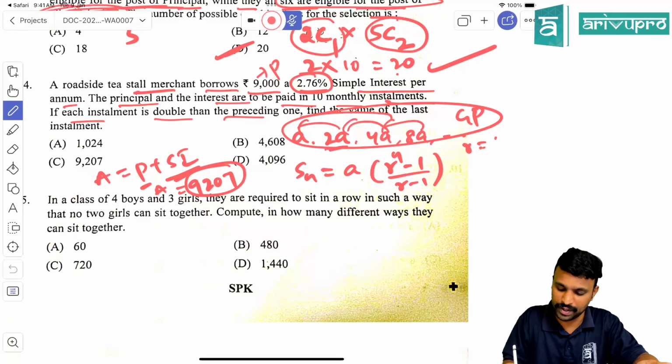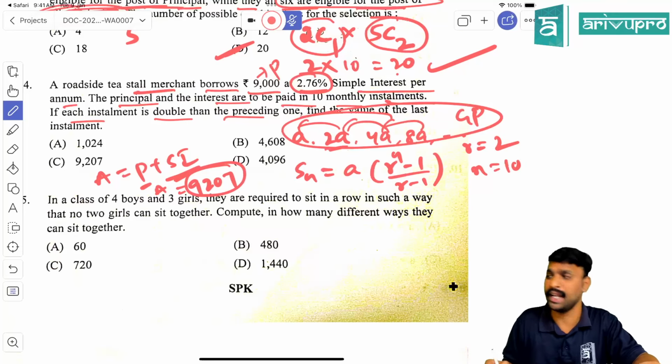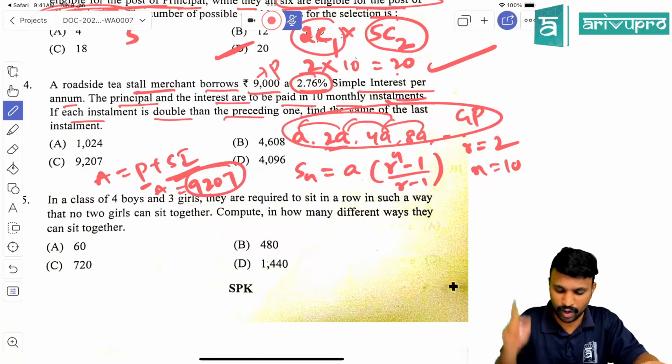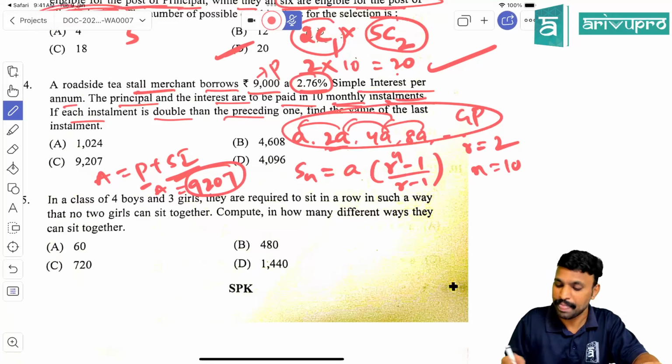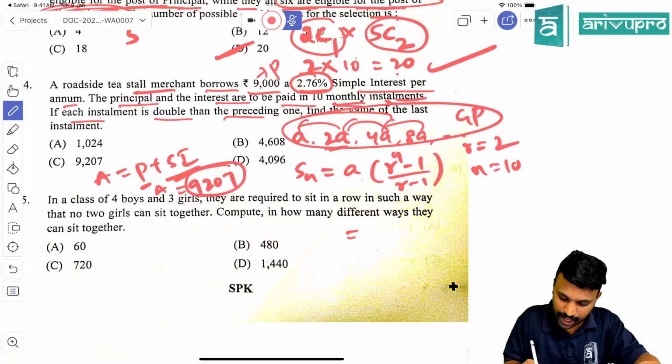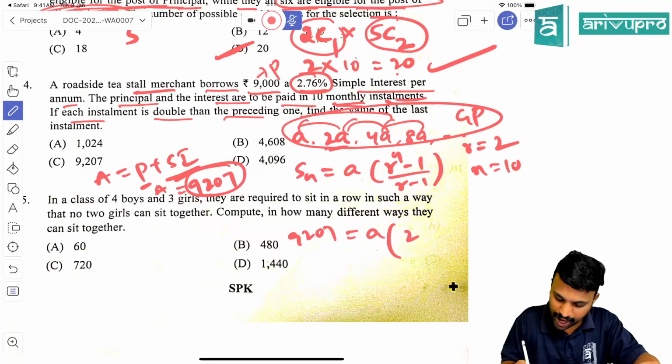So common ratio is 2, and the number of terms is n, because there are 10 monthly installments, obviously 10 different installments. So Sn is equal to 9207, so A into (2 power 10 minus 1) divided by 2 minus 1.